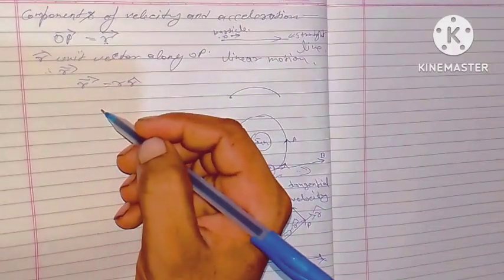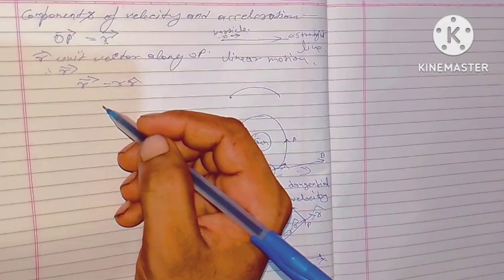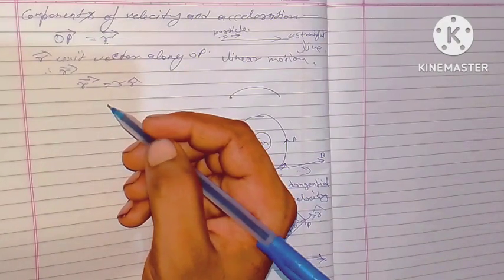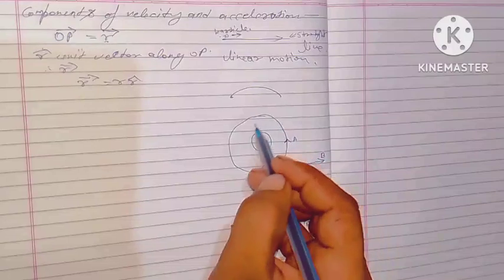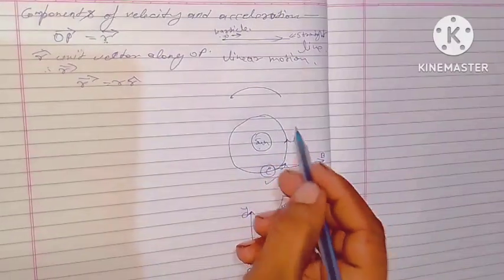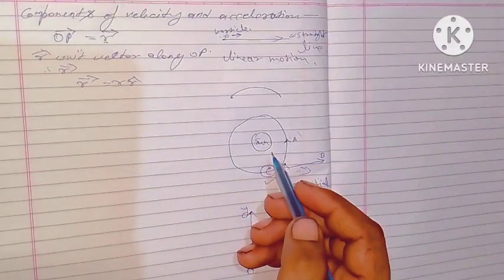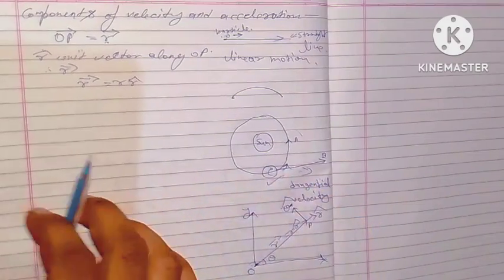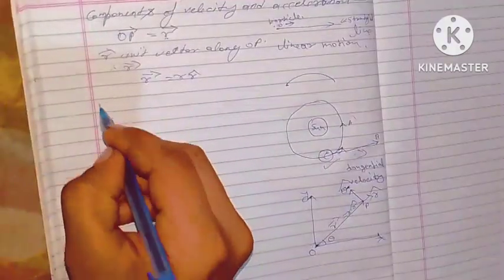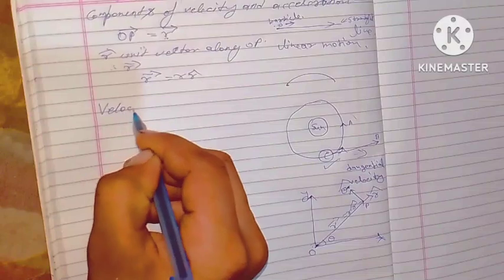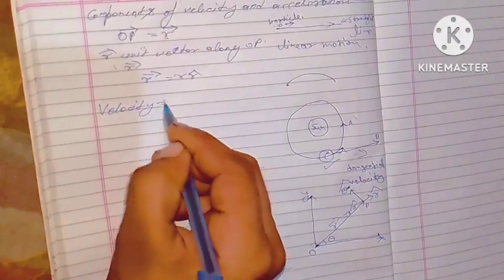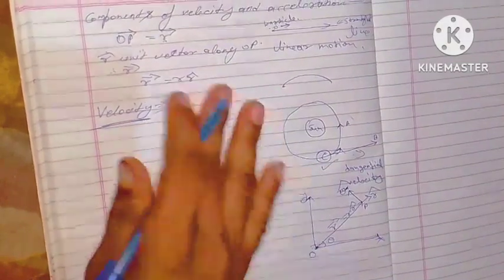When a particle is moving along a curve in a plane, it has velocity and acceleration. First we calculate the velocity.